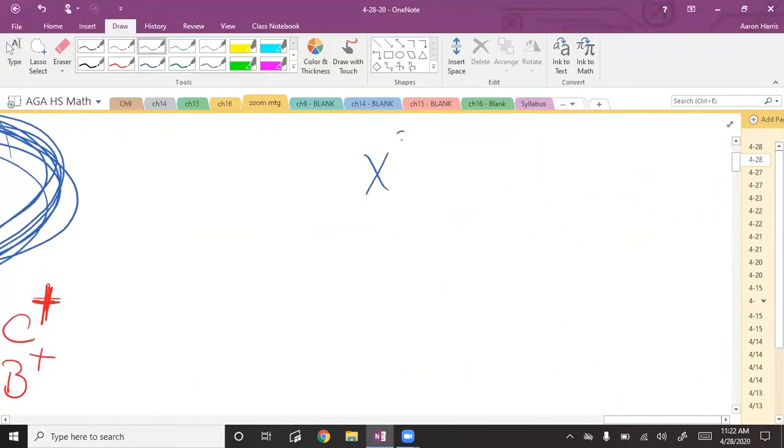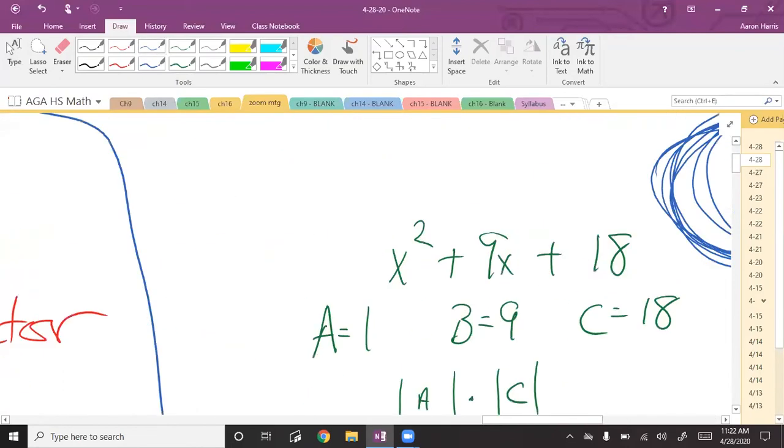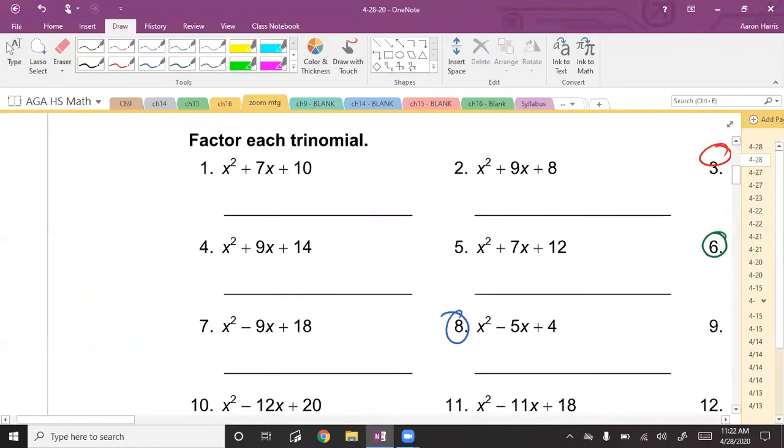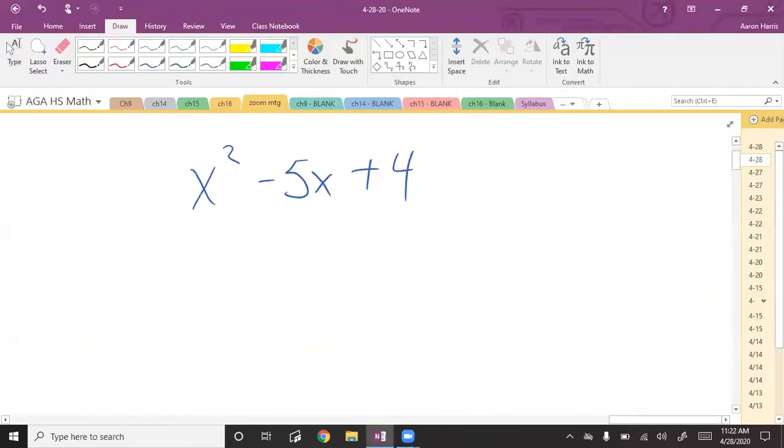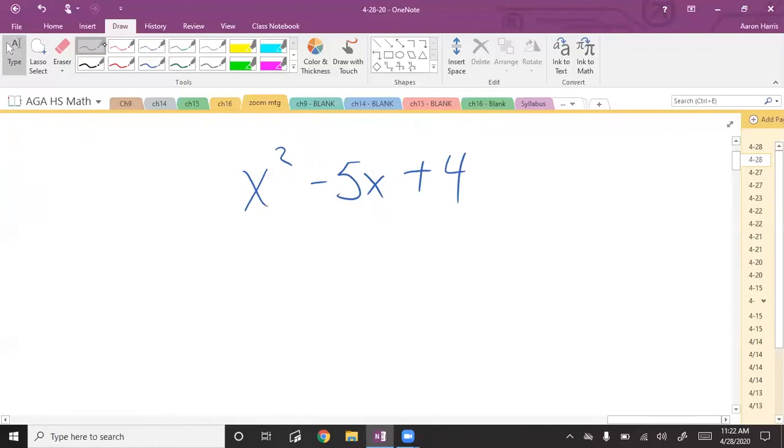So we got x squared minus 5x plus 4. Is it 4? Yep. So here we go. I'm not saying anything. Do it. Okay, A is 1. B is -5.